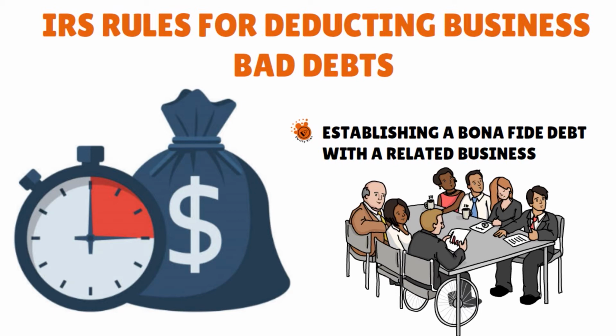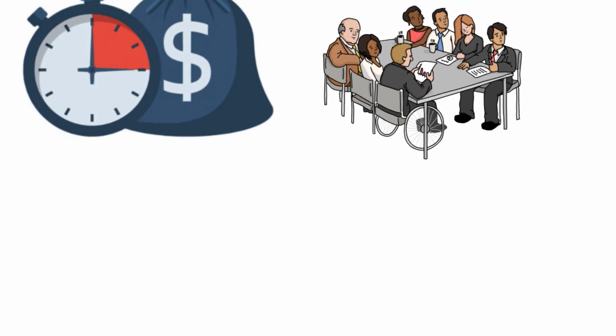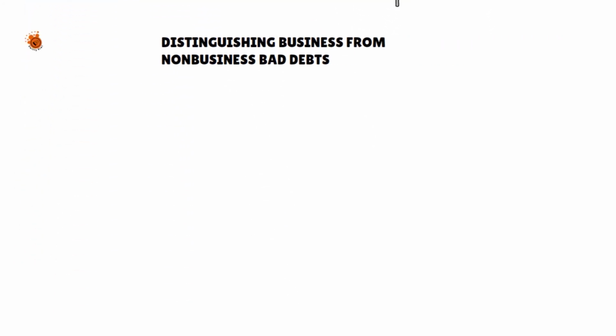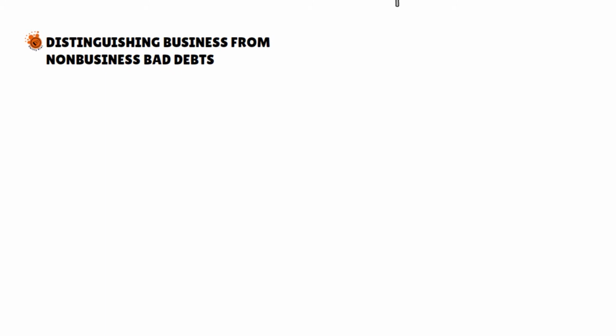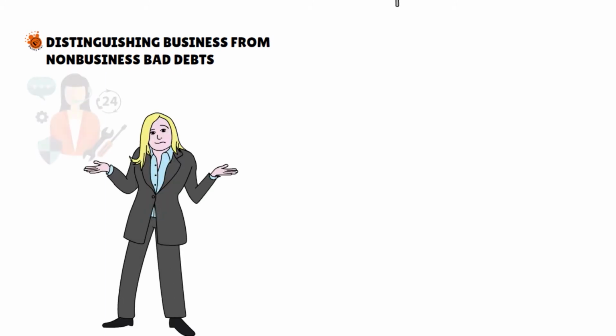So the mere fact that the debtor is a related business does not prevent a bad debt deduction by the individual taxpayer. It's important to also distinguish business from non-business bad debt. So two types of bad debt deductions are allowed by the IRS: business bad debt and non-business bad debt.